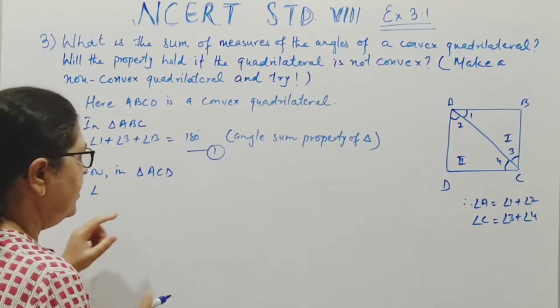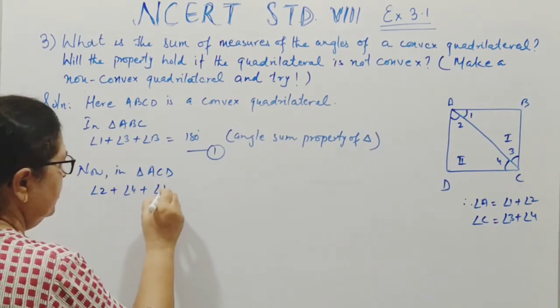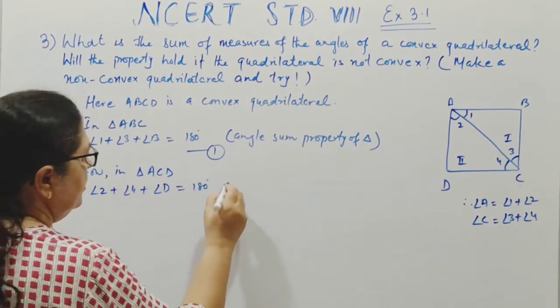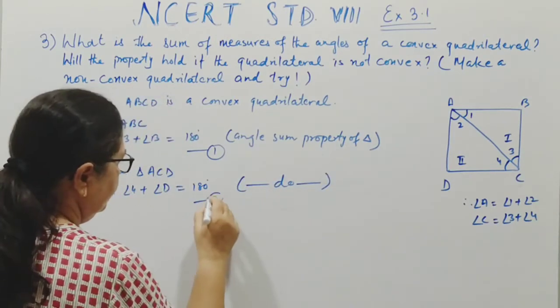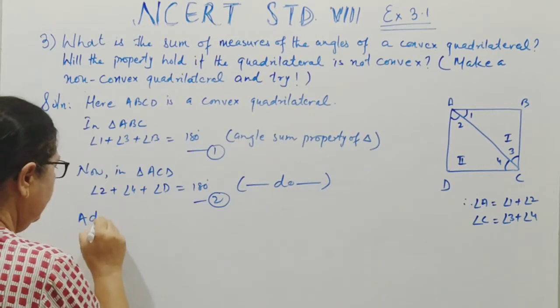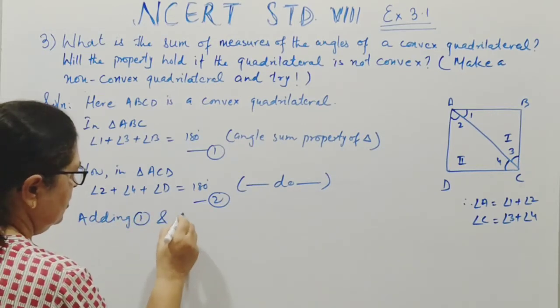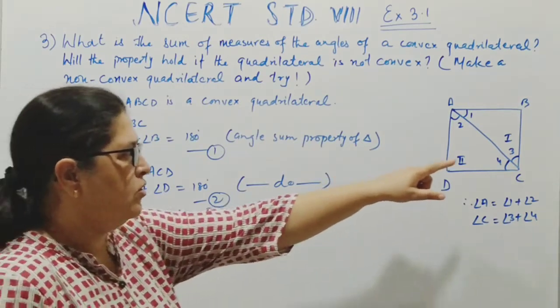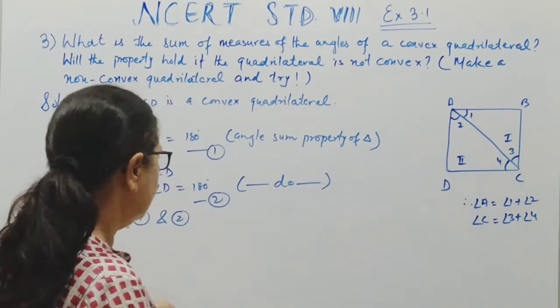Now in triangle ACD, angle 2 plus angle 4 plus angle D is equal to 180 degrees, same angle sum property of triangle. Now adding first and second. Why are we adding? Because this quadrilateral ABCD is made up of these two triangles.